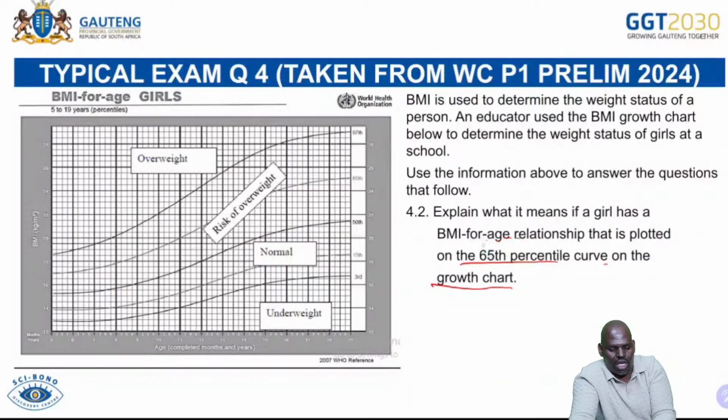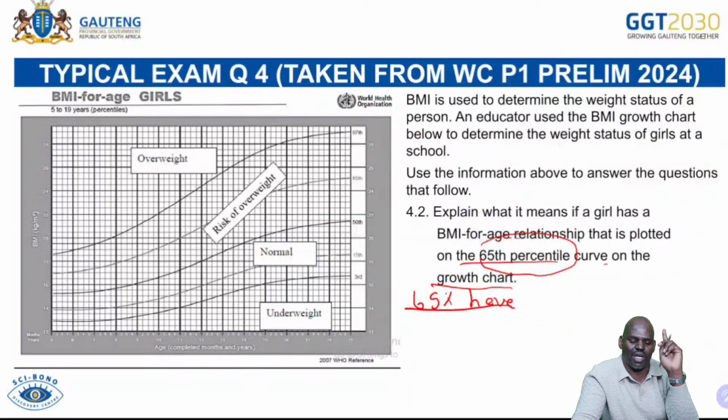So if someone is on the 65th percentile, we say that 65% of the girls of the same age have got a BMI that is either the same or lower than this girl.